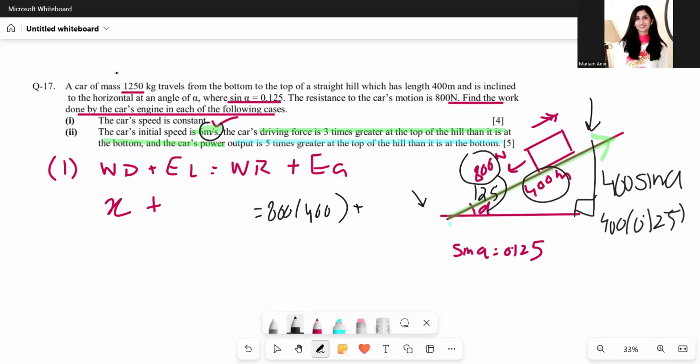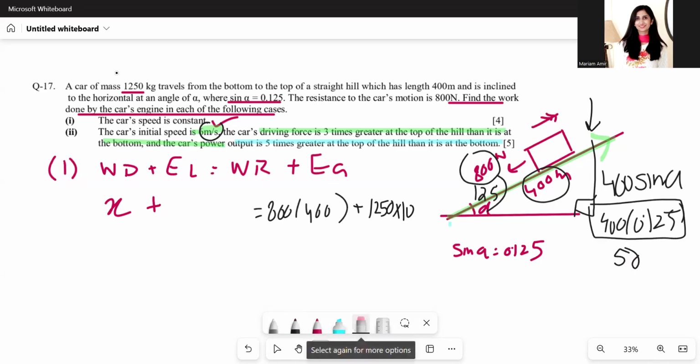So m, g, and h is this again, which came out to be 50. Now we have to find the speed of the particle at the top so that we can figure out whether it's a gain or a loss in kinetic energy.